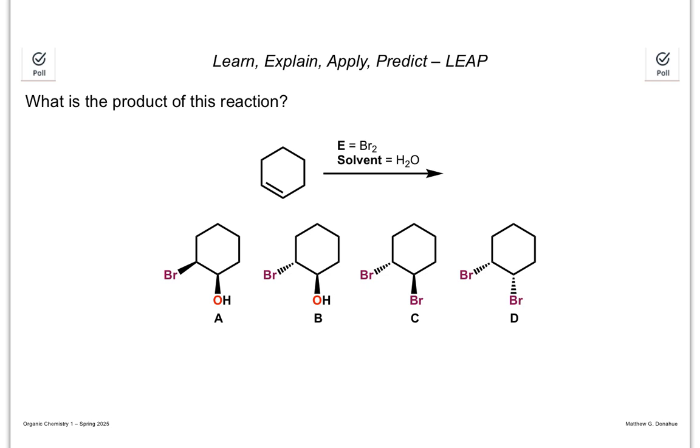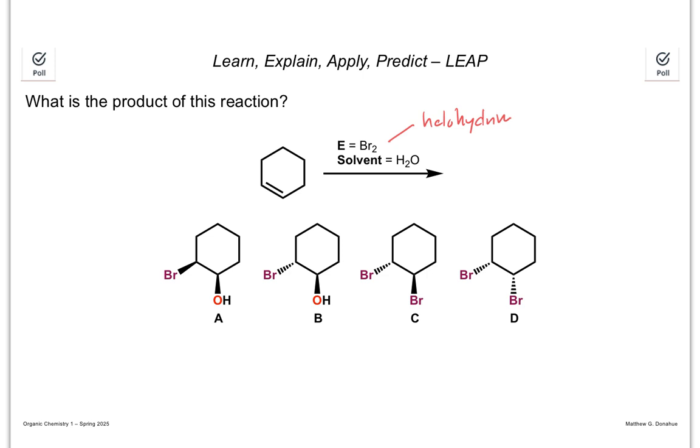So if we put this into practice now, we're going to use bromine as the electrophile, water as the participating solvent. So overall, when we diagnose this, this is telling us we have to form a halohydrin.